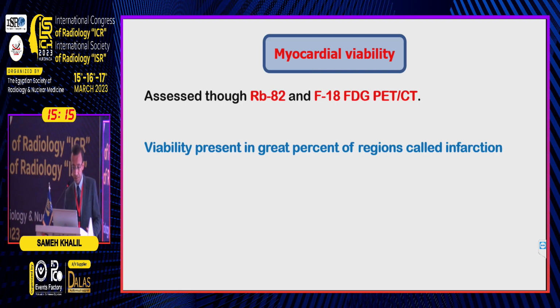Myocardial viability is done either by FDG in the world of PET or by cardiac MRI. As regards rubidium perfusion study, we have a significant number of patients with false positive results. So we need to go for a further step, the viability images.